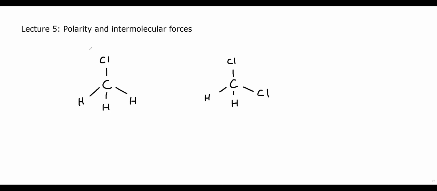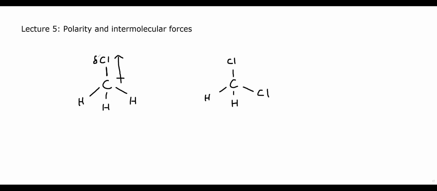So just a quick review of the polarity that we already covered. Looking at our first structure here, we should be able to remember that this bond between the carbon and the chlorine is polar because the chlorine is much more electronegative. So we can indicate that polarity with this dipole arrow, where we have the arrow pointing towards the more electronegative atom, in this case chlorine.